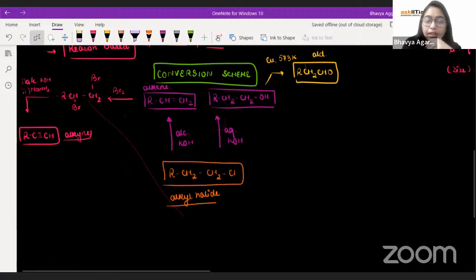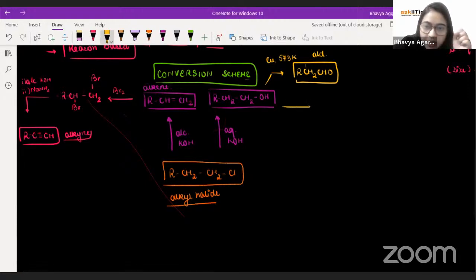Now, again, if you will treat it with KMnO4 in acidic medium, then it will get converted into a carboxylic acid with the same number of carbon, mind it. The carbon numbers are not changing at all. So basically it is the last carbon, the carbon which is bearing the OH, that will get oxidized.